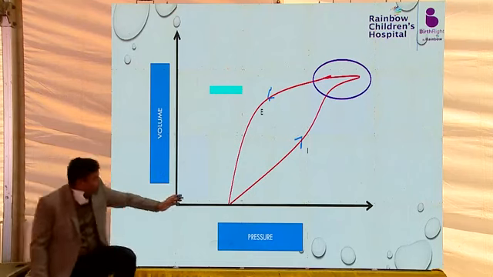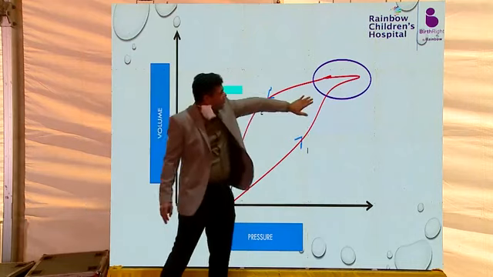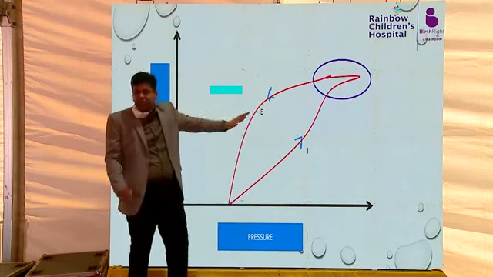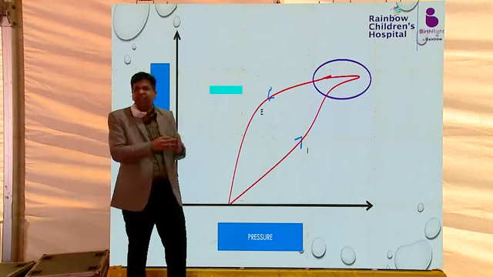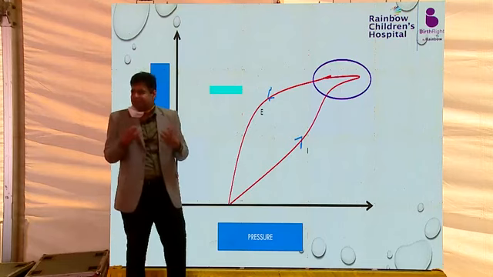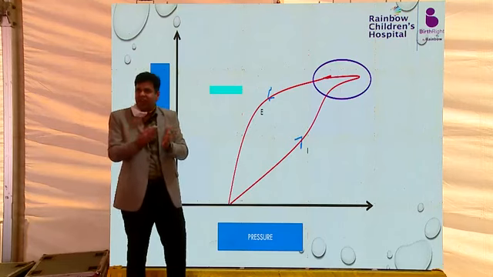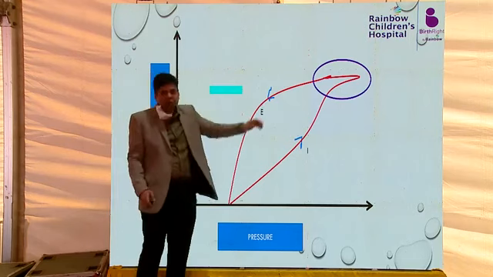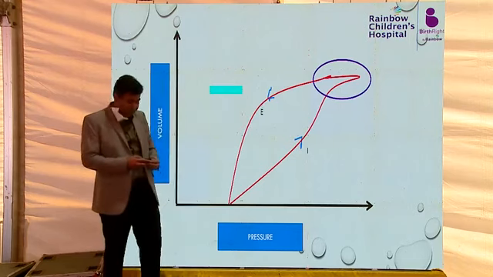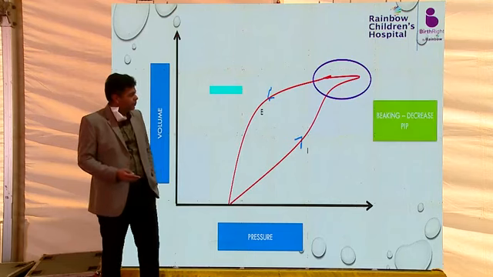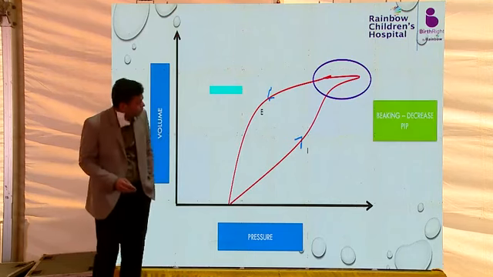Just as imagination, till 21, 22 there is a volume change. But in the last part of the PIP there is no volume change. That means it's an excessive PIP. So you will try to decrease the PIP and abolish this beaking. It is called beaking.